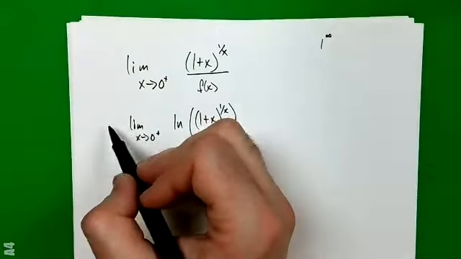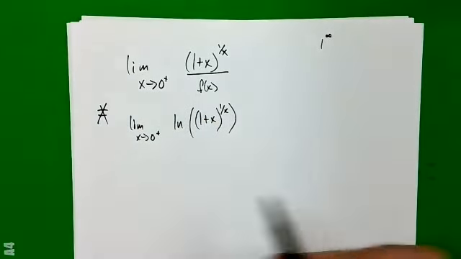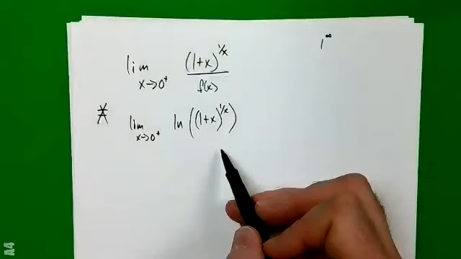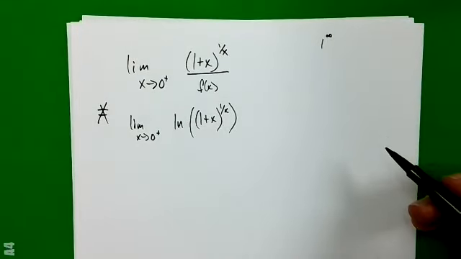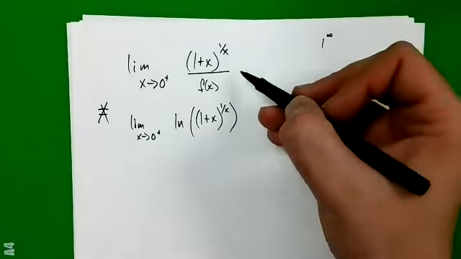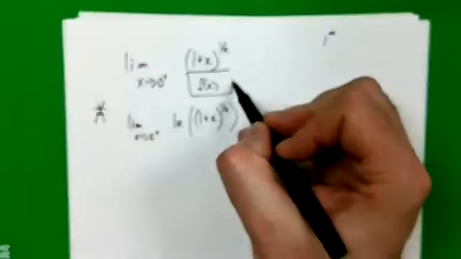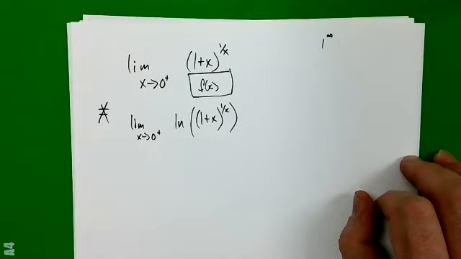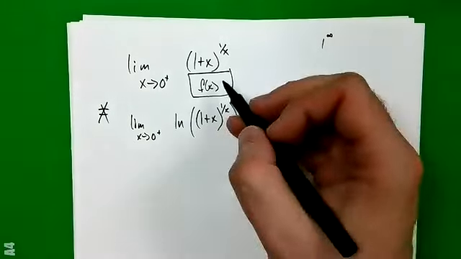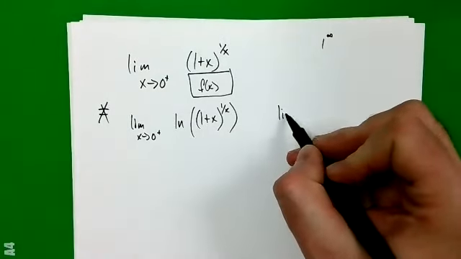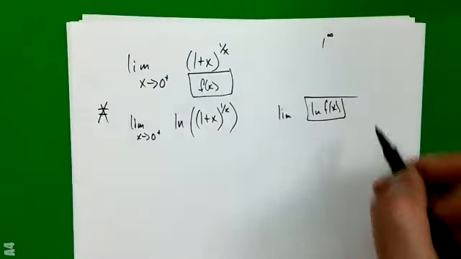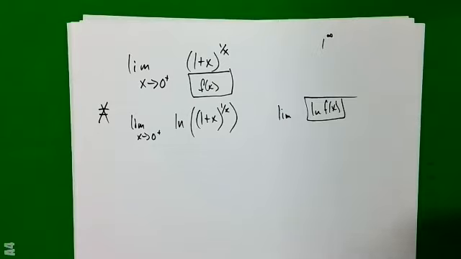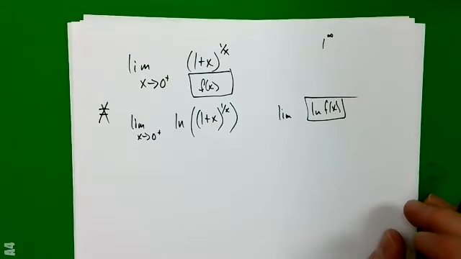These are not the same, but I can find this first and then raise it as the exponent of e in order to find the answer to this case. So this is my f of x, then this is the limit of the natural log of f of x, and so in the end we can find the limit of f of x.